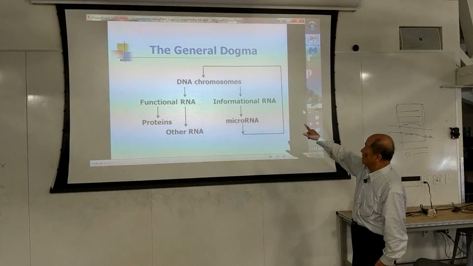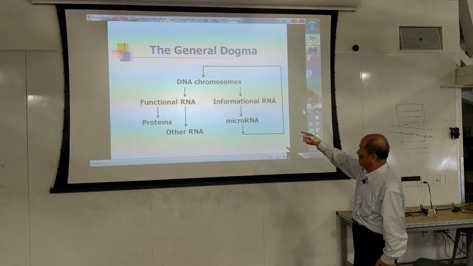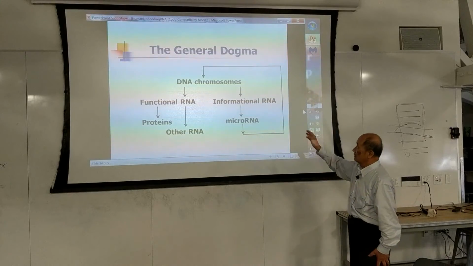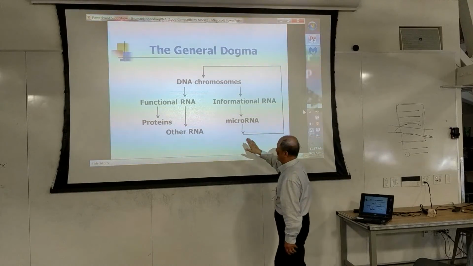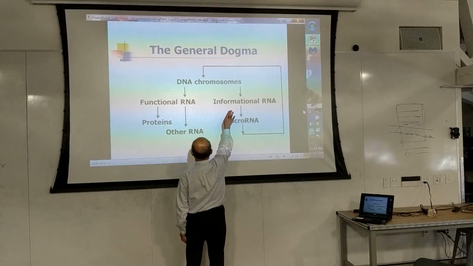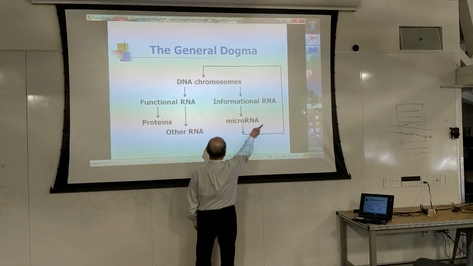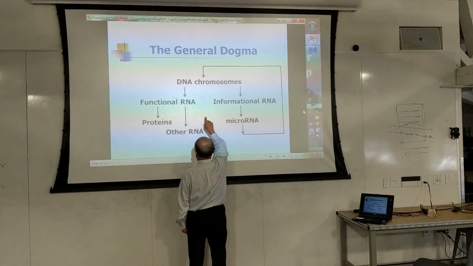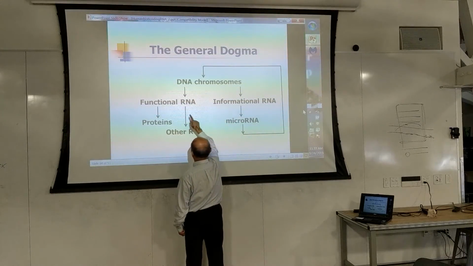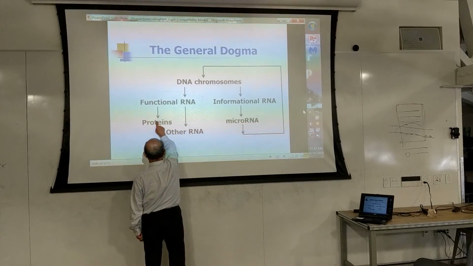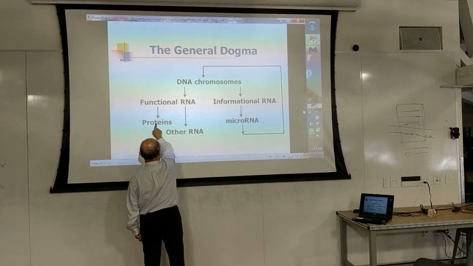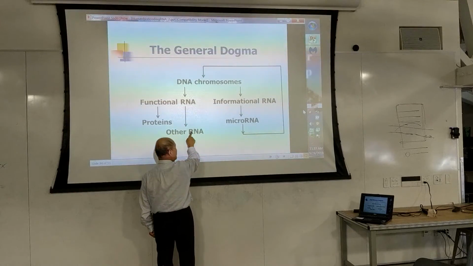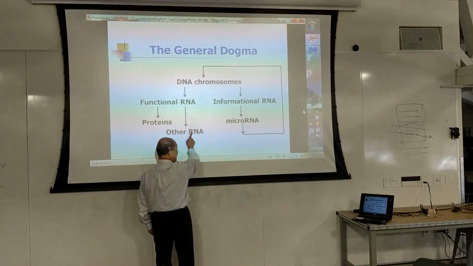And the general dogma, if we draw it graphically: we have DNA, and the microRNA goes into the DNA to transcribe RNA. There are two kinds of RNAs. Functional RNA, some of which would make protein. There are lots of other RNA which will do things we don't understand yet; some of them we already understand, but lots of them we don't.